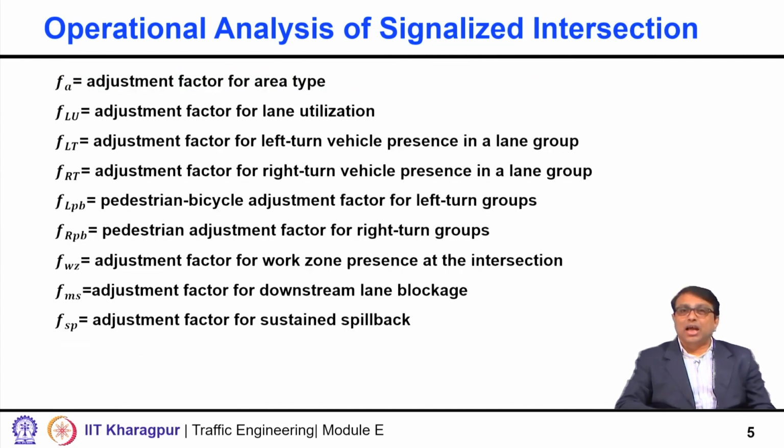Similarly, the type of area, whether it is within the CBD area or outside the CBD area, because land use and several characteristics are generally likely to be different in the CBD and outside it. Then the lane utilization, which I already discussed in my previous lecture: if there are multiple lanes, and there is a shared lane and a dedicated straight lane for the through movement, the traffic distribution may not be the same.